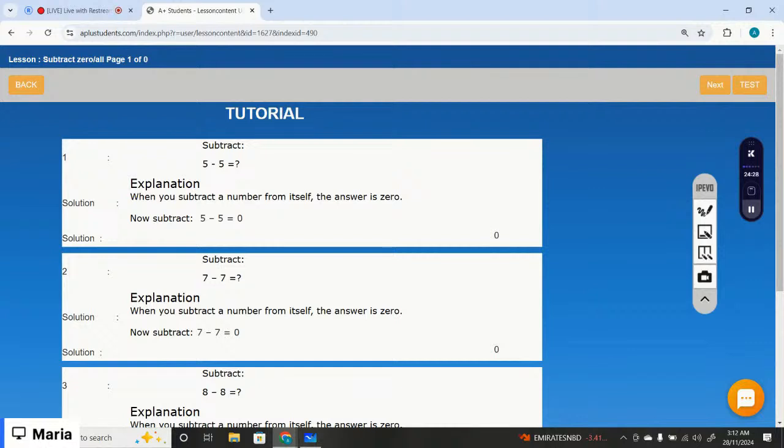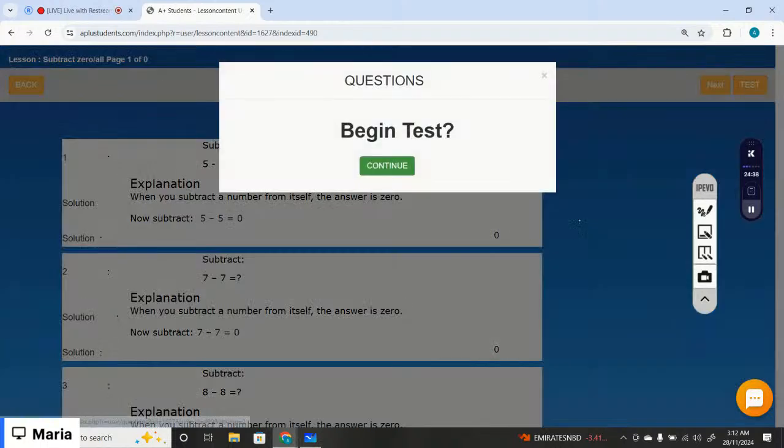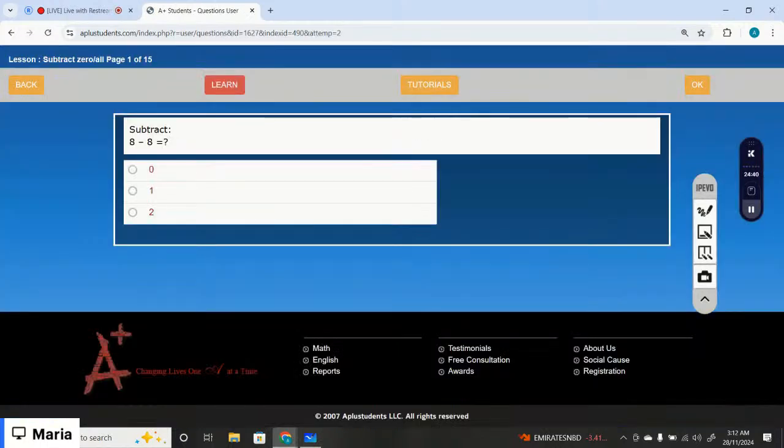So whatever number it is, if you are subtracting itself, that means the correct option is 0. That means subtract all. Okay, 8 take away 8. So which is the correct option?